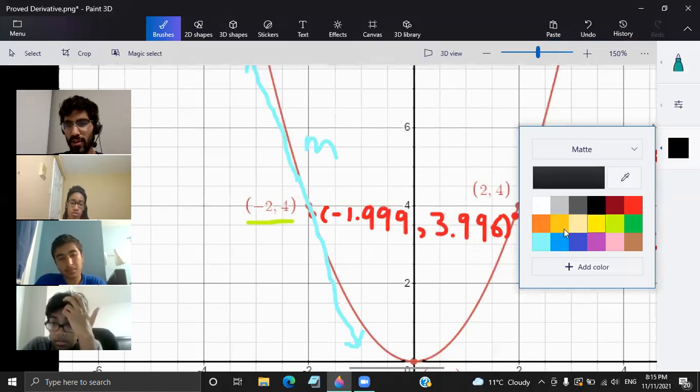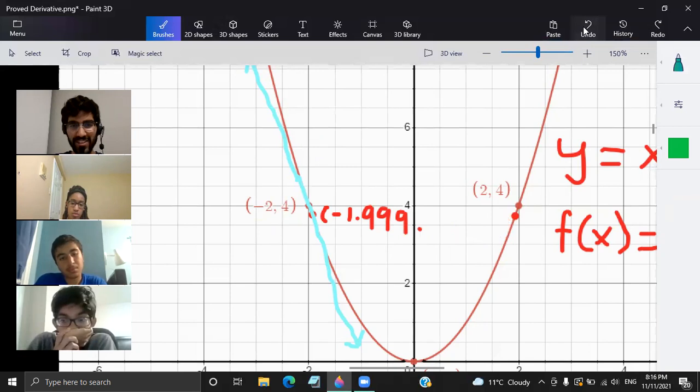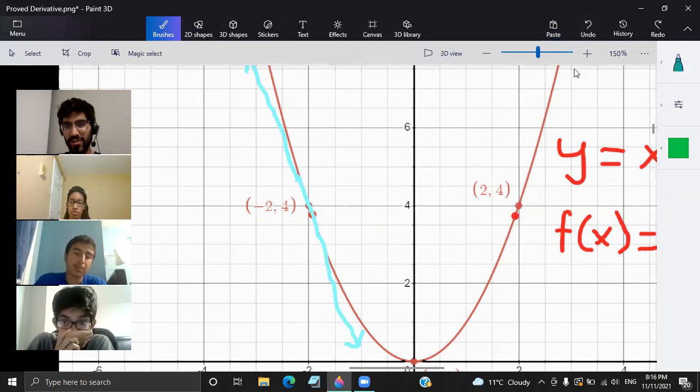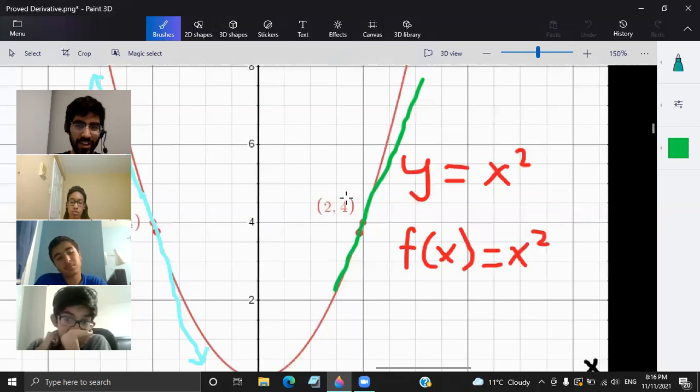So for example, let's say I want to do it all over again. I have these two points over here that are pretty close together. Let me clear some of this mess. Now I have these two points right here, and I want to do the whole thing again. I'm going to draw it out and add a new line that is roughly equal.